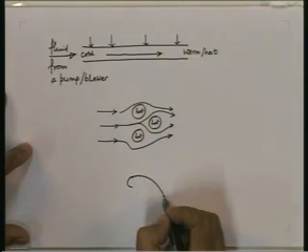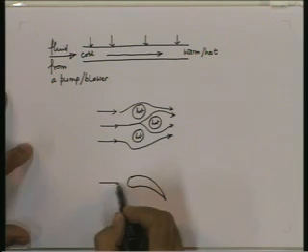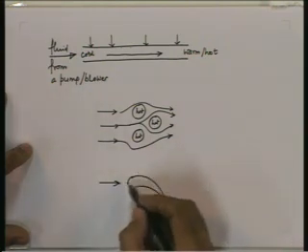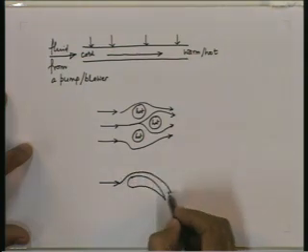A third forced convection situation, not much different from this, is a gas turbine blade. Hot fluid from the combustion chamber flows around the blade.